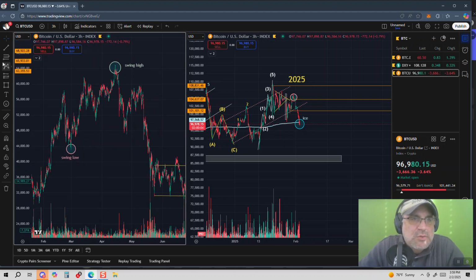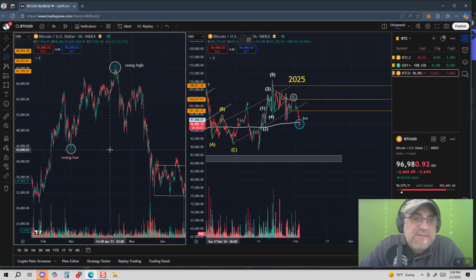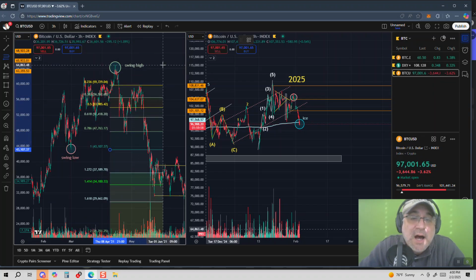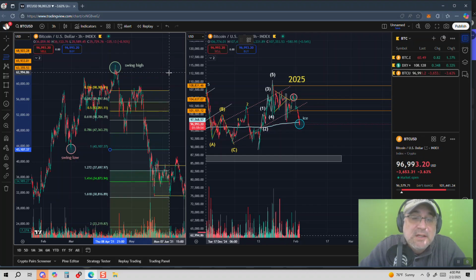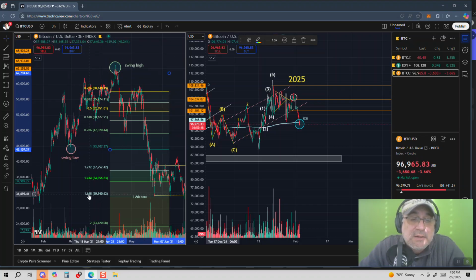So if we go off the swing high and the swing low, we do a fib retracement. We'll go off the swing low up to the swing high. We see the 618. So this marked down to the 618 Fibonacci retracement. You see it?